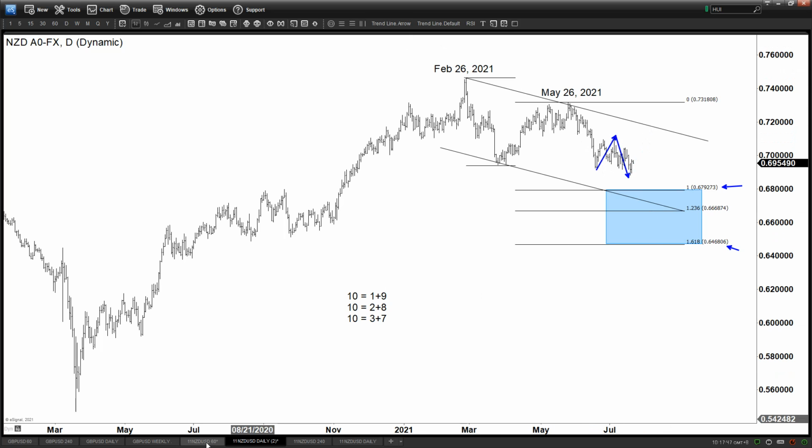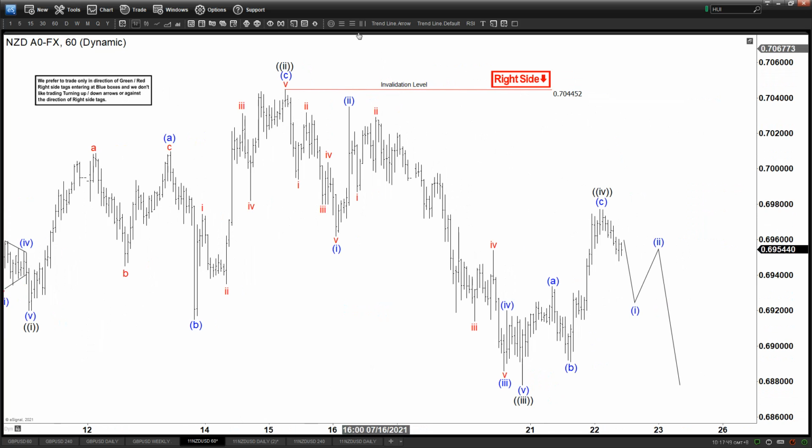So going back to the 1 hour chart, let's take a look at these 3 waves up here. It's almost at the 1.618 extension, so it is possible that we actually go higher again from here, creating a 5 waves up.